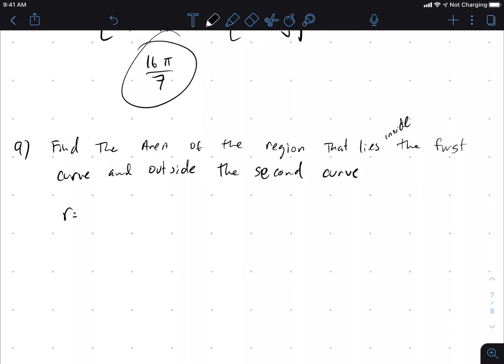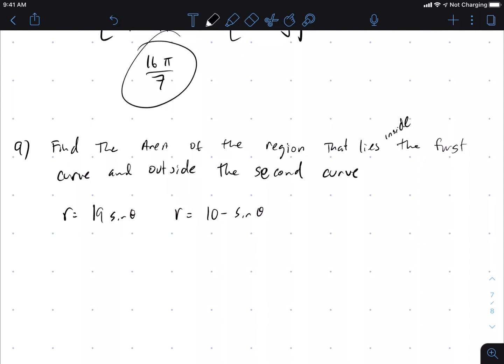The first curve is r is 19 sine theta, and the other is r is 10 minus sine theta. And we really don't even need to graph this, right? Because if we know what's outside and inside, it shouldn't be too bad, right?